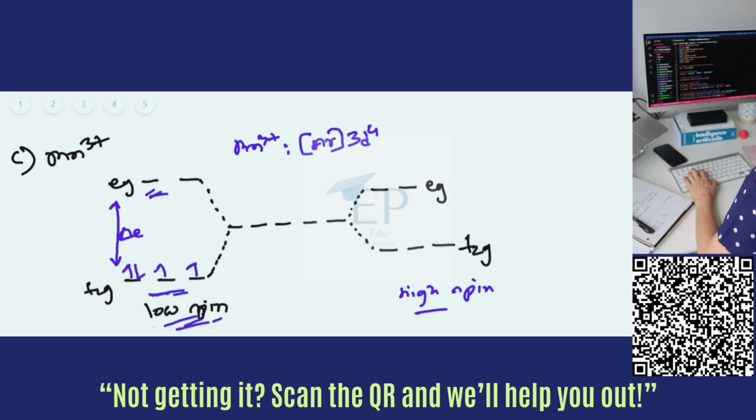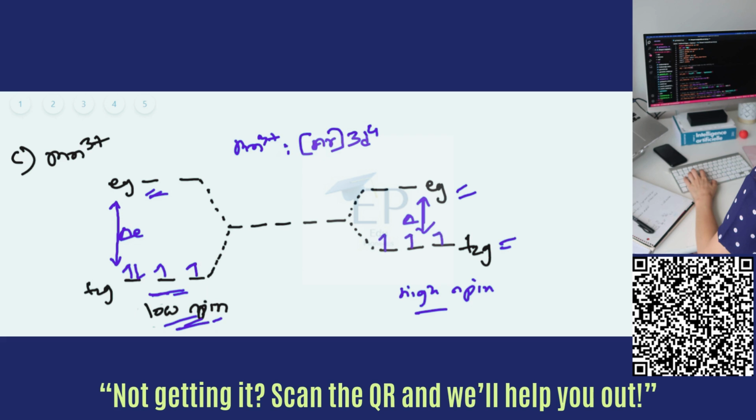And then for high spin we know that we have the maximum number of unpaired electrons, or this energy difference is not that high, so electrons can occupy both the low energy state and high energy state orbitals. So let's put our electrons one at a time.